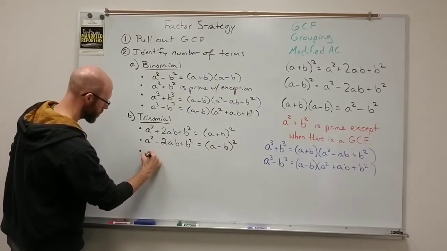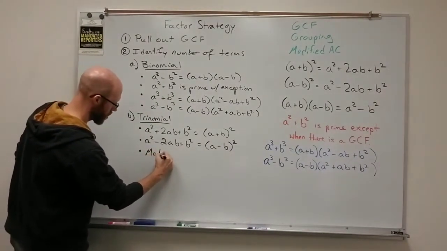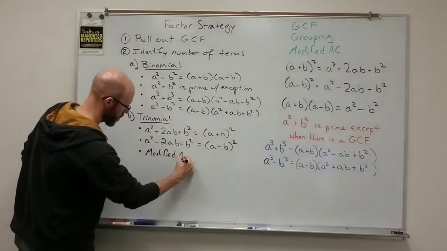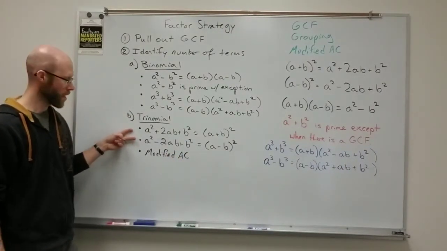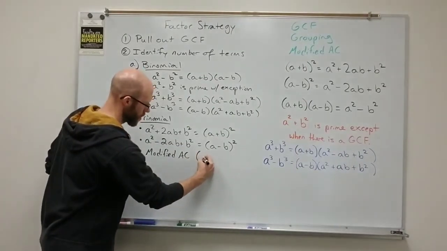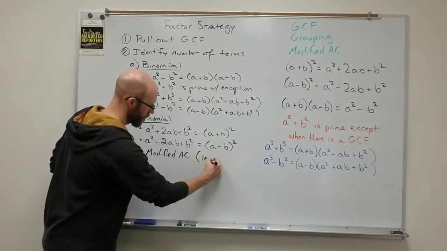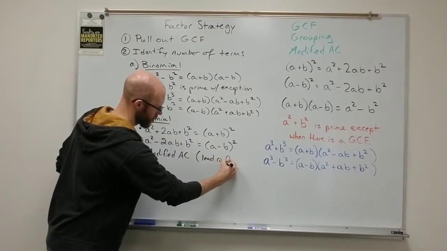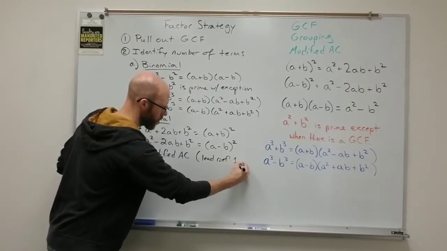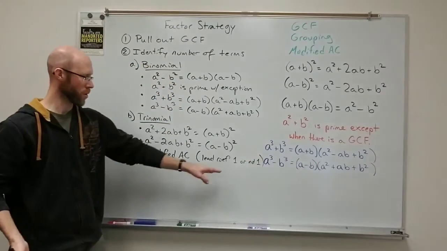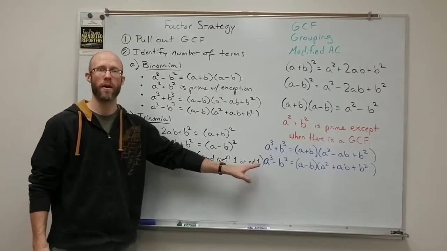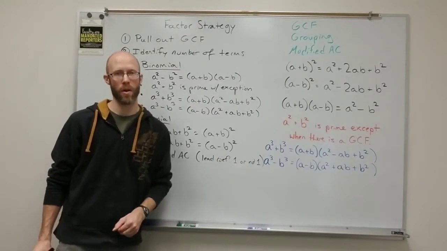Modified AC, if you can't get one of the formulas to fit. And of course that could have lead coefficient 1 or not 1 in either of those. So you get the shortcut, the shorter method with the 1, a little bit longer method with the not 1, okay?